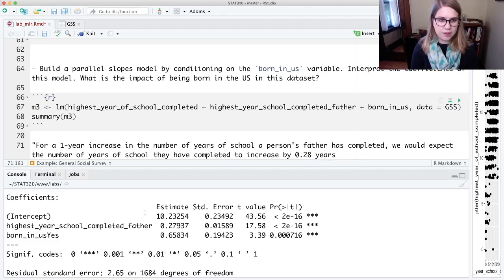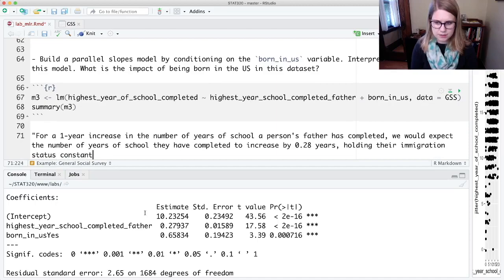And then I need to put in a little bit more because this is multiple regression. So I need that holding all else constant, or holding their immigration status constant, something like that.